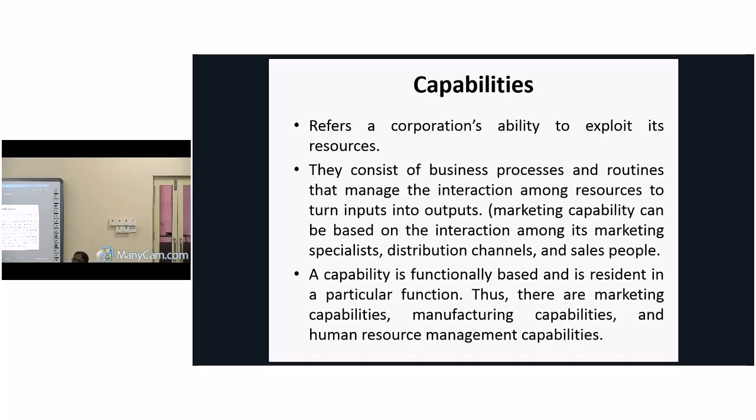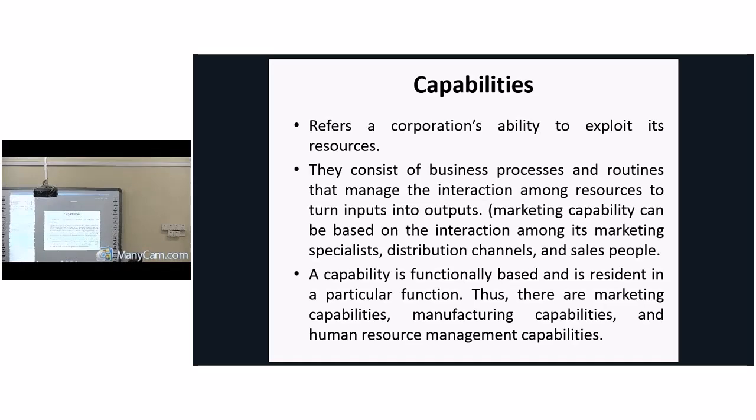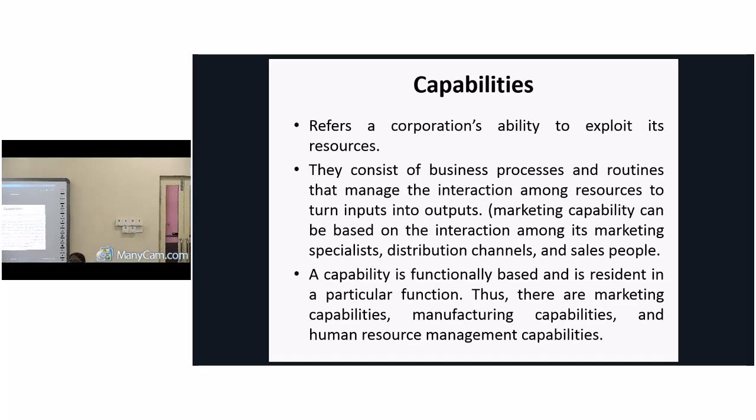Instead of exploit, you can put use: the ability of using resources, that is the capability.